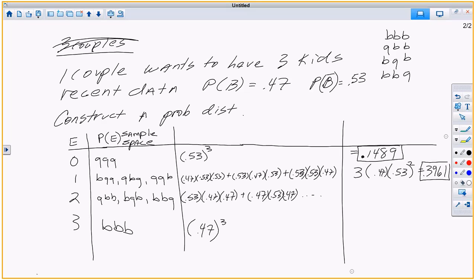The opposite. 3 times 0.53 times 0.47 to the what? Second power, and somebody give me that. 0.35. It's 0.35 even? No, 0.3512. Okay, I heard 0.3512.